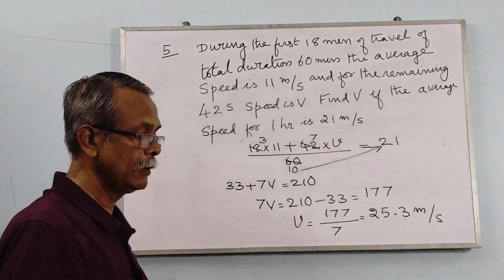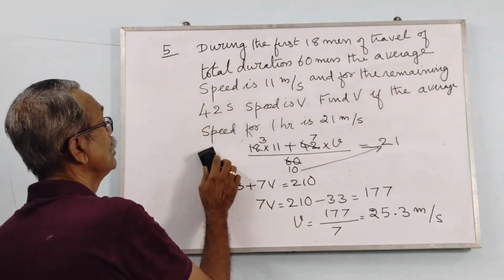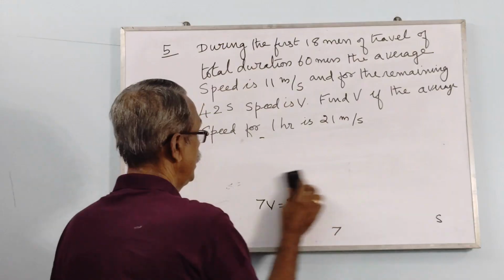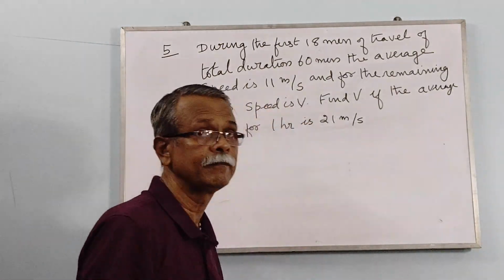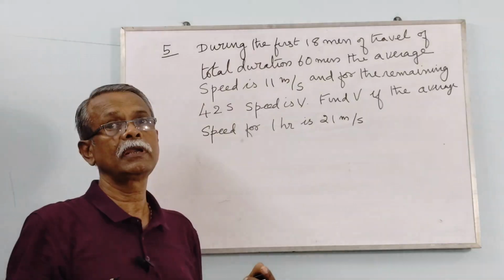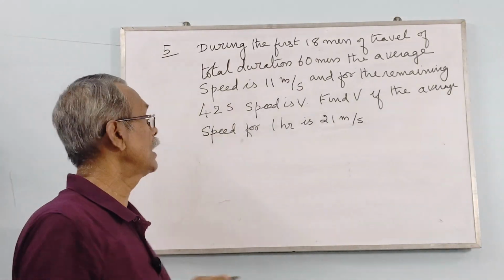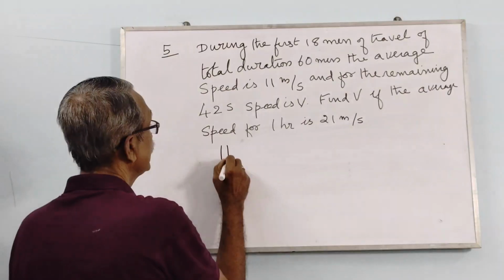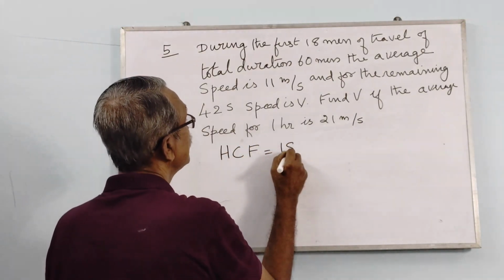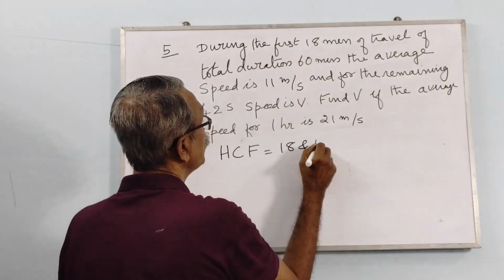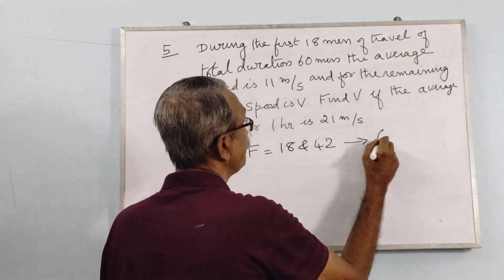But this is a bit lengthy and I will give you a shortcut for doing this. You can see that here we have two time intervals, 18 and 42. You calculate the HCF, highest common factor, of 18 and 42, and this will be equal to 6.